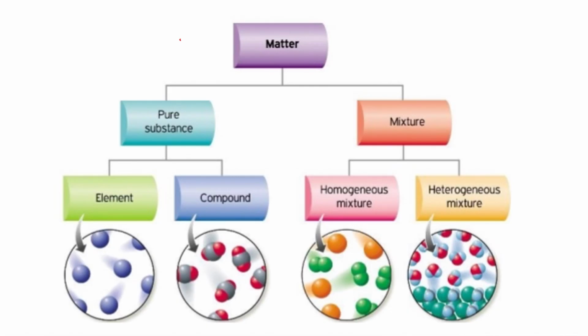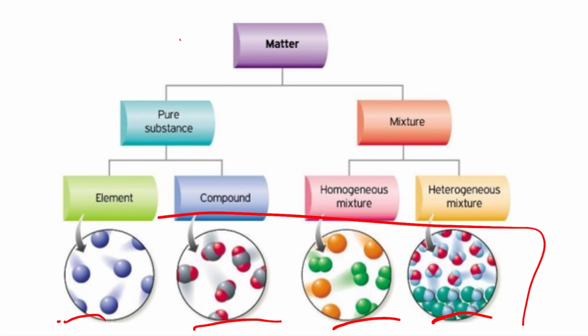So here we have our flowchart of matter that we saw in the second video, I believe, and again in multiple videos. But particle diagrams are these pictures. These pictures tell us something. It's a diagram of the particles, just as the name says.